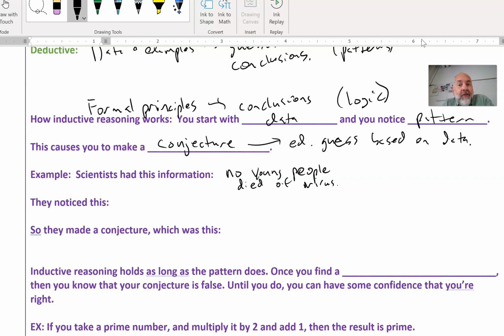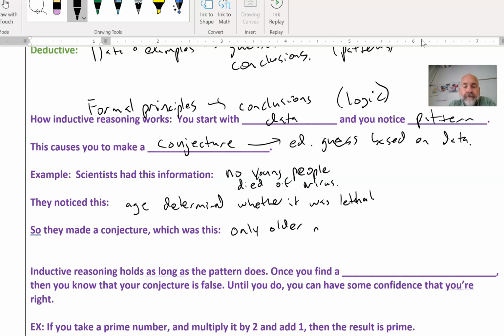So they noticed that age determined whether it was lethal. That was the pattern they noticed. Whether it could be really dangerous to somebody or not was totally based on age. And so they made a conjecture, which was that only older people need to worry. We can talk about spreading it, but in terms of your own health.